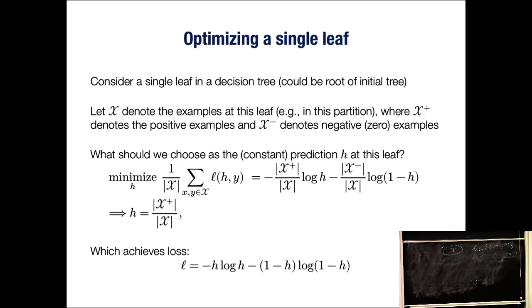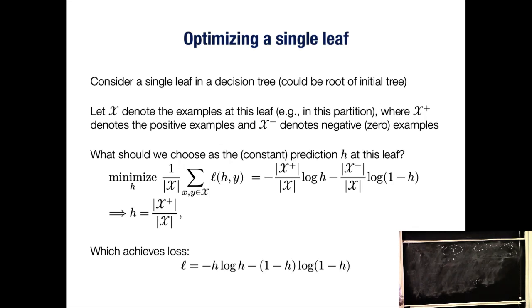So now a very basic question is, if I want to find the best hypothesis for this region, what should that be? And I'm going to assume now that my outputs, as before, are in 0 or 1. And my loss that I want to minimize is this probability of the data given my hypothesis function.